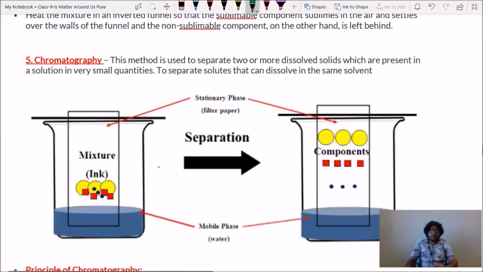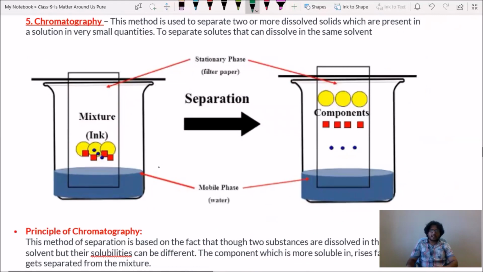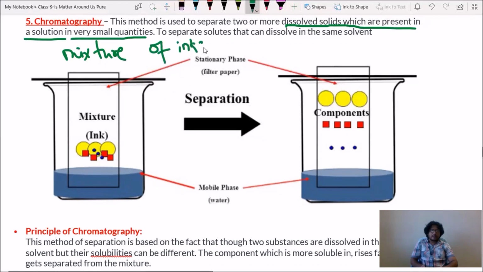Well, coming to another method, chromatography. What is chromatography? This method is used to separate two or more dissolved solids which are present in a solution in very small quantities, to separate solutes that can be dissolved in the same solvent. And this chromatography is mainly used to separate a mixture of inks.